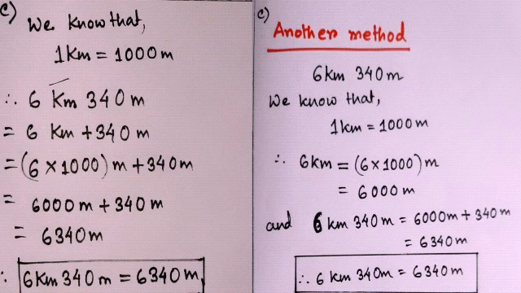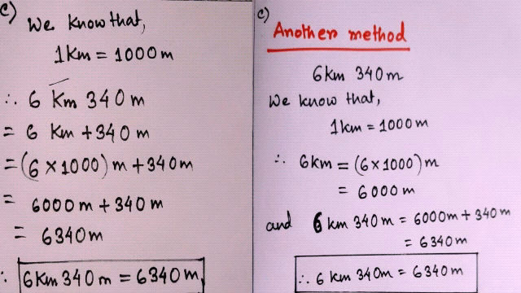I will explain another method. That is, we know that 1 km equals 1000 meter, and as km is involved, we have to convert the km portion into meter first. So 6 km equals 6 into 1000, that means 6000 meter.